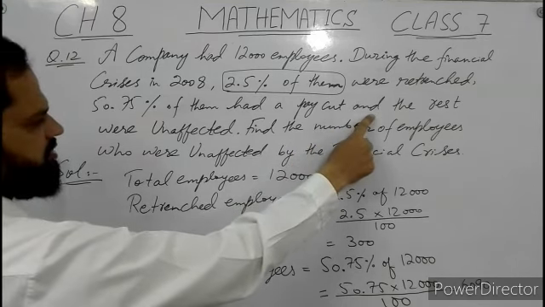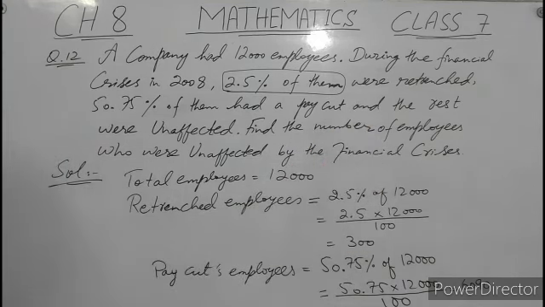And the rest were unaffected. Rest means remaining employees. Total employees minus retrenched employees minus pay cuts employees, we will get rest of the employees which were unaffected.